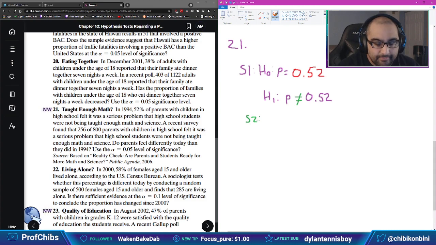Alright, so Strolling, Maritza, and Sanla all say a two-tail test. And that definitely is correct, okay? This is definitely a two-tail test. Alright, very good. So it is a two-tail test.